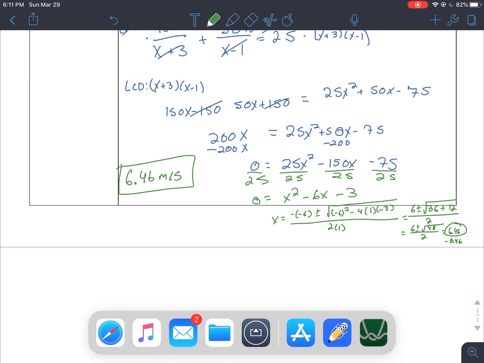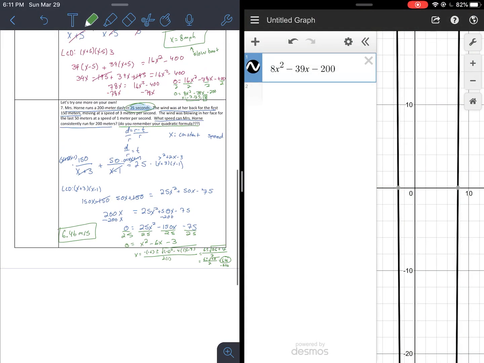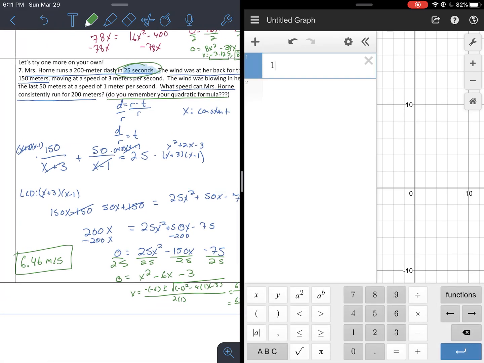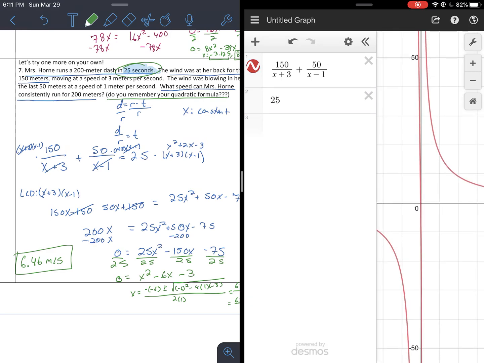Okay, and then you could always check with your calculator, right? Checking with our calculator, we just plug in our original equation. So 150 divided by x plus 3, plus 50 divided by x minus 1, and then it's equal to 25.